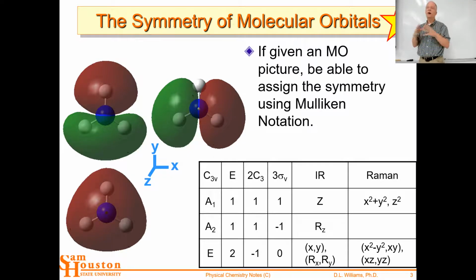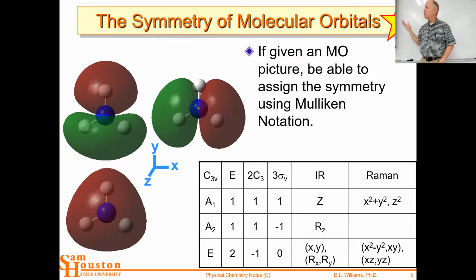So the one on the bottom has less curvature than the two at the top. And so the bottom one shown on the screen is going to have the lowest energy. Then the ones with one node will be of comparable energy, and in fact these two are degenerate, so they're going to have the same energy. We would know that later when we decide that they're both E.